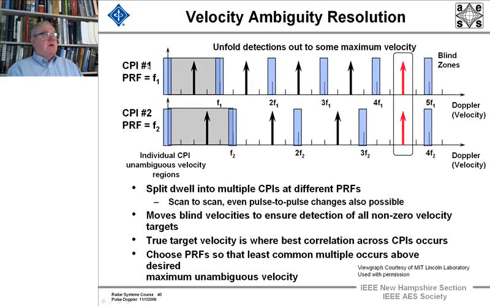We see at PRF1, the real target is out here with its real velocity in red, and when we transmit a burst of pulses at a second PRF, we see that it's at the same real velocity.